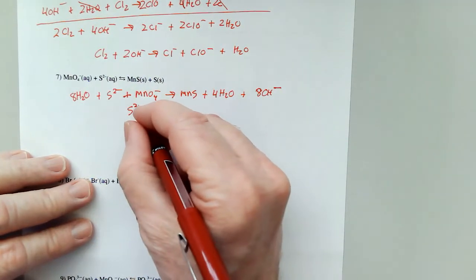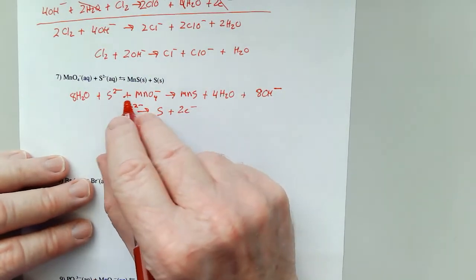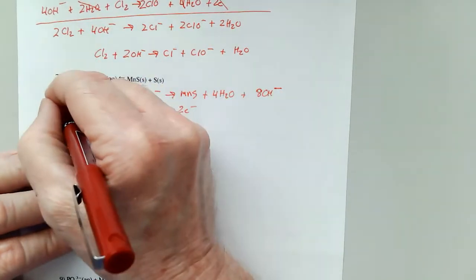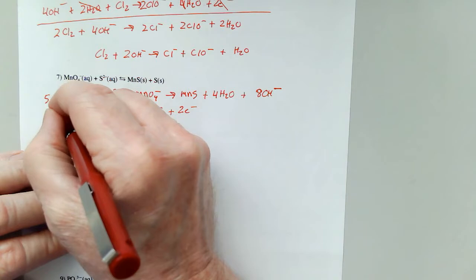Electrons. That was a 2 minus, so I'm just going to add 2 electrons there. 2 minus and 1 minus, there's an 8, so this is going to be 5 electrons on this side. Okay.